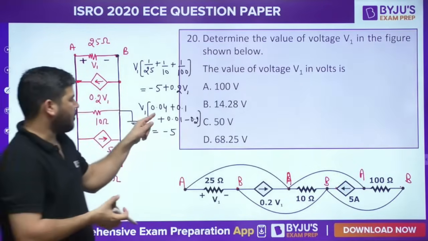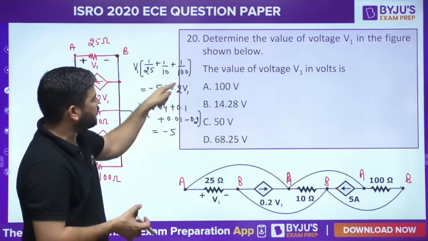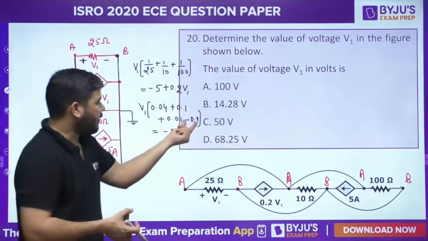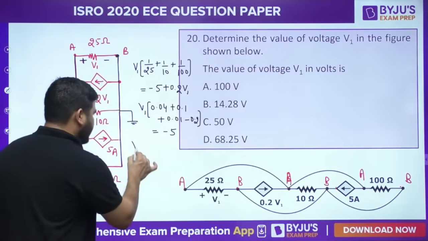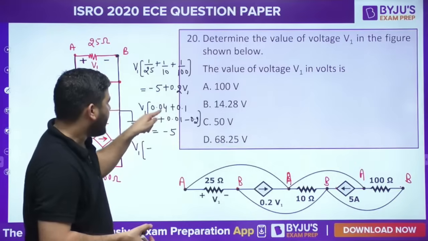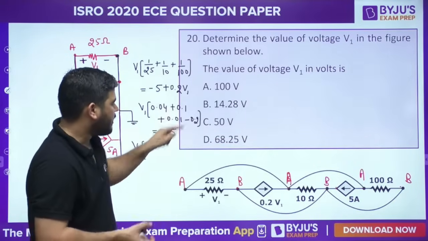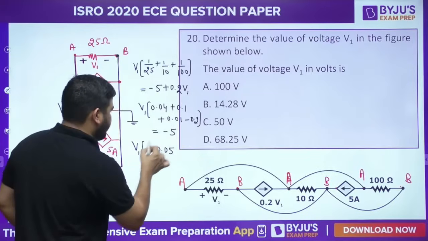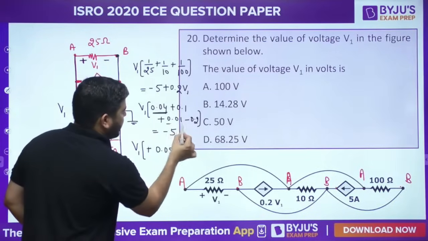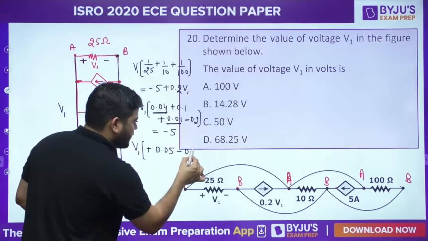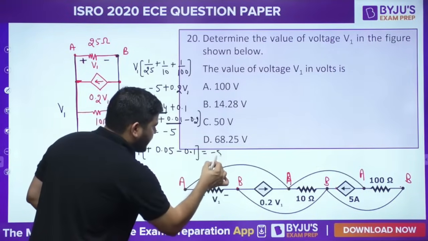The coefficient of V1 I have written, and this positive value will come on this side and become negative. Now what is the coefficient of V1? Coefficient of V1 is 0.05, this value and this value I have added, plus 0.05 minus 0.1, and that is equal to minus 5.